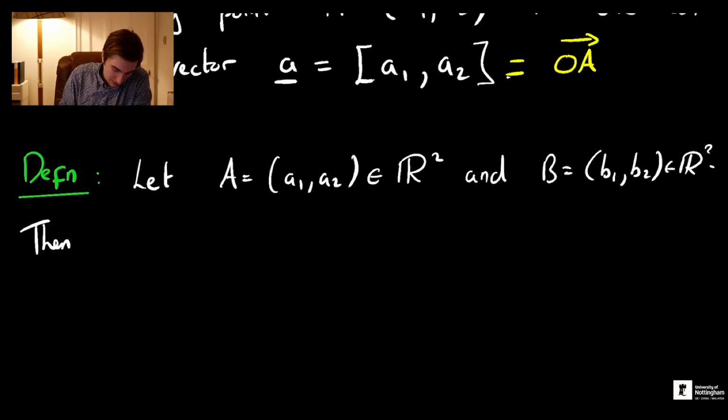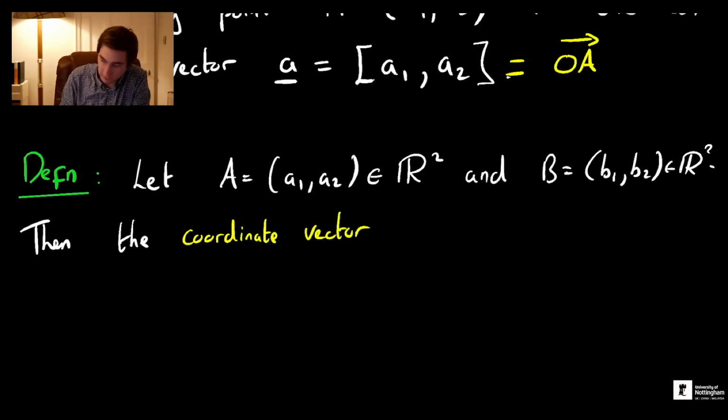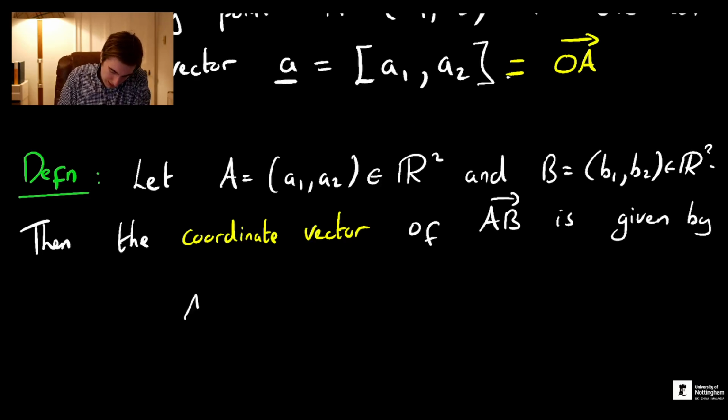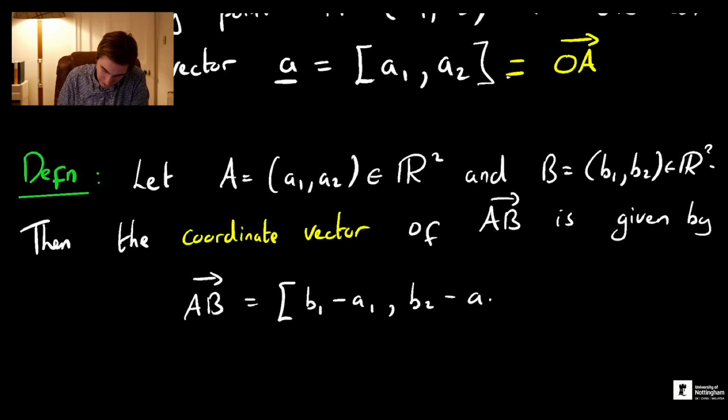Then the coordinate vector of AB is given by [b1 minus a1, b2 minus a2]. That's how we write down the coordinate vector for our directed line segment AB using our coordinates A and B.